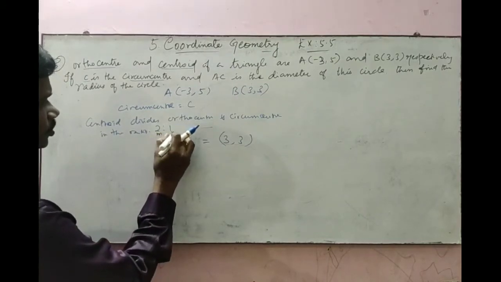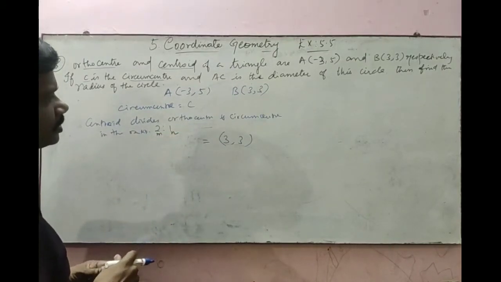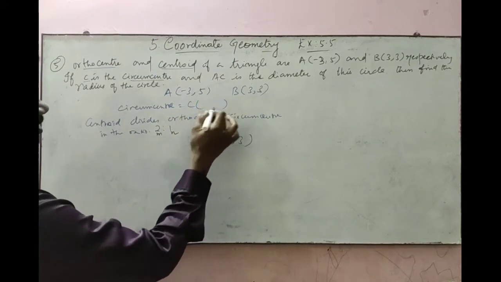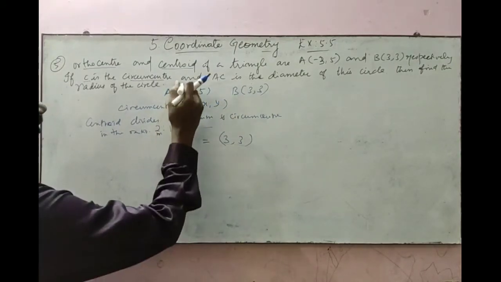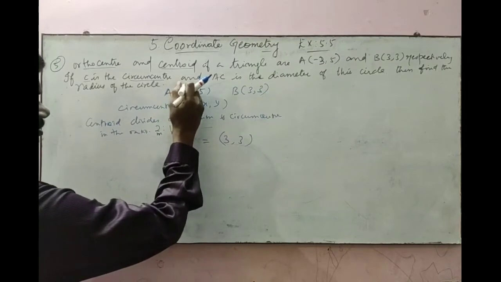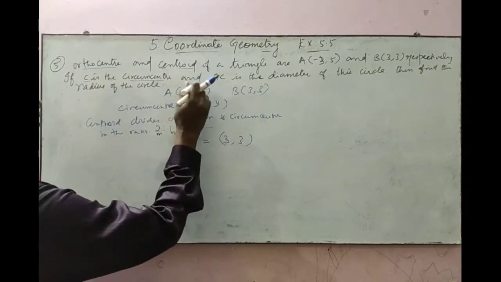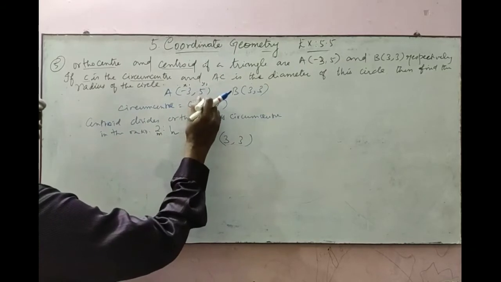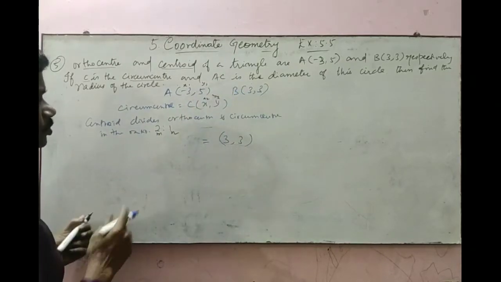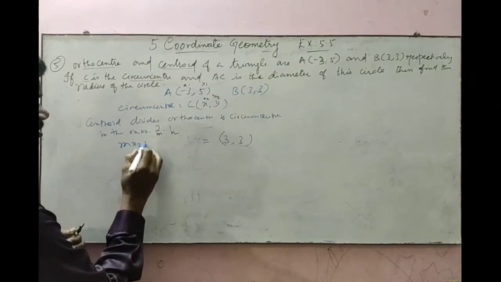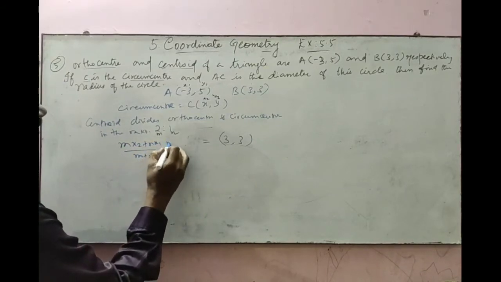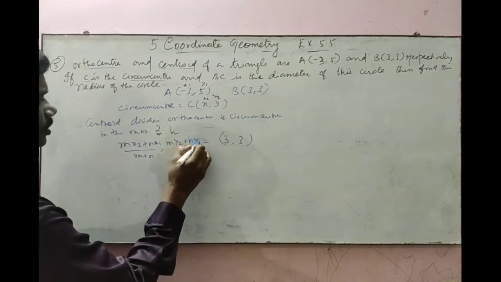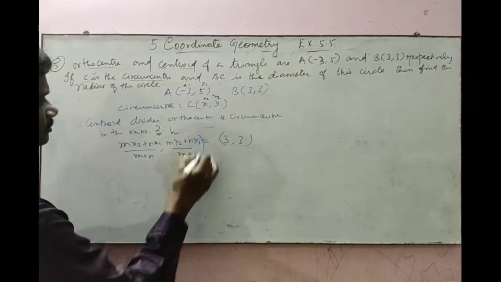So that is m is to n, and we don't know the C. Take the C as x comma y. Now you have to consider this as x1 y1. Here this is x2 y2. Use the formula mx2 plus nx1 by m plus n, comma my2 plus ny1 by m plus n.